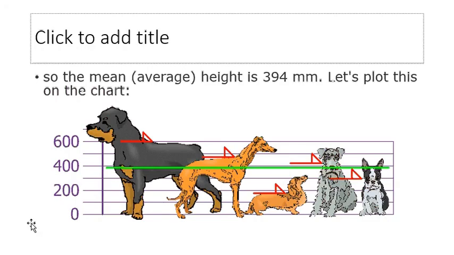The next step is to plot the average of the heights of the dogs, from 0 to 100, 400, 600. You will notice that based on the computation, 394 is just below 400 here. The green horizontal line is 394 millimeters, the average height of a dog. Now let us compute the variance.